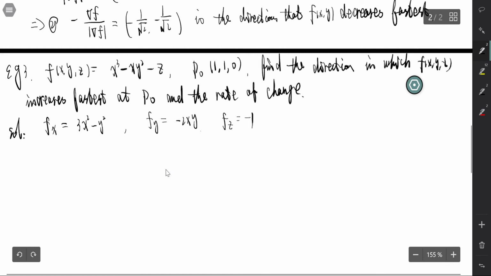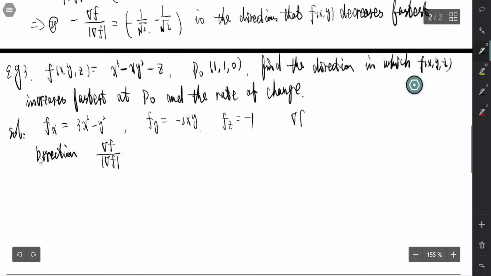So the direction of increasing fastest is gradient f over the length of gradient f.